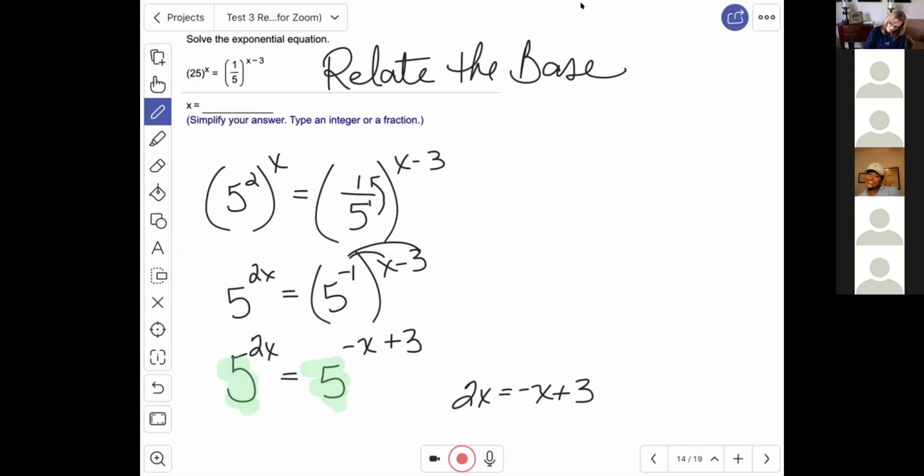I'm going to add x to the other side. I get 3x equals 3, and you get 1. Divide out. That's relating the bases, and that's what we covered in 5.1 at the beginning of the week. So I'm going to move on to the next, if y'all are good with that.